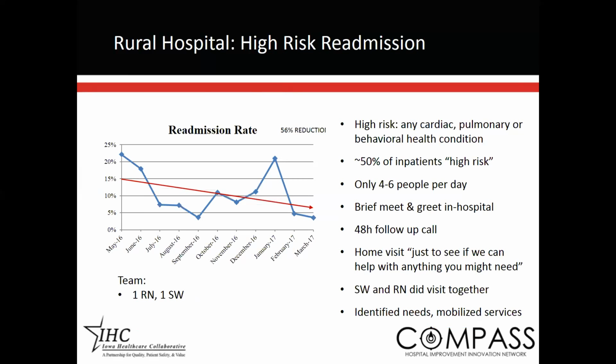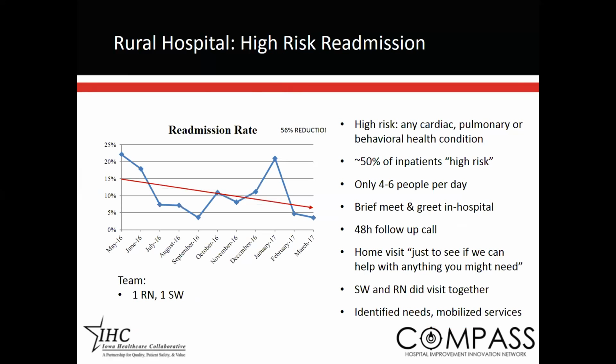So they now do a nurse and social work visit together, each with their experience and perspective, and then they decide which of them will continue to follow the patient for 30 days. And they have found that that is a much stronger model for them than dividing up at the beginning. So I thought that was really interesting.